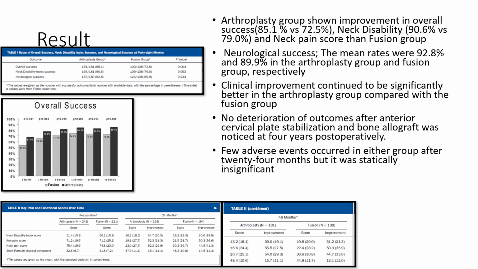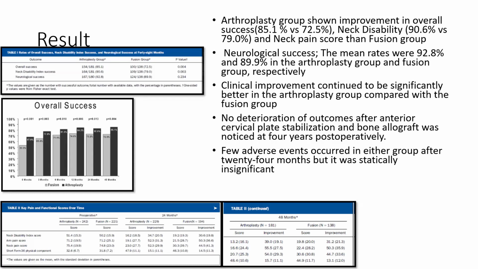These were all statistically significant and higher in the arthroplasty group, starting with the neck disability index of 90 versus 79%, as well as the neck pain score and the arm pain score. This was at their 4-year follow-up, and they had no deterioration of the cervical disc arthroplasty at the bone implant interface.